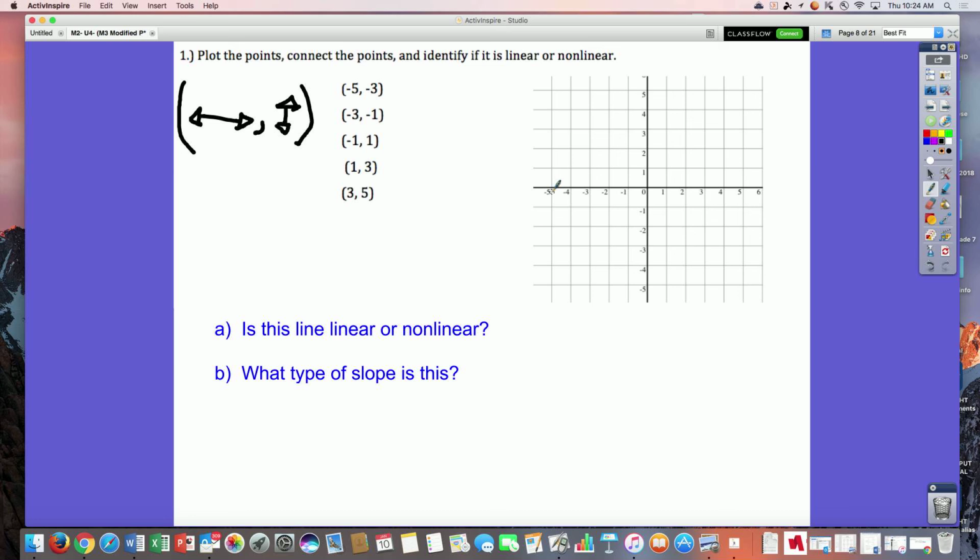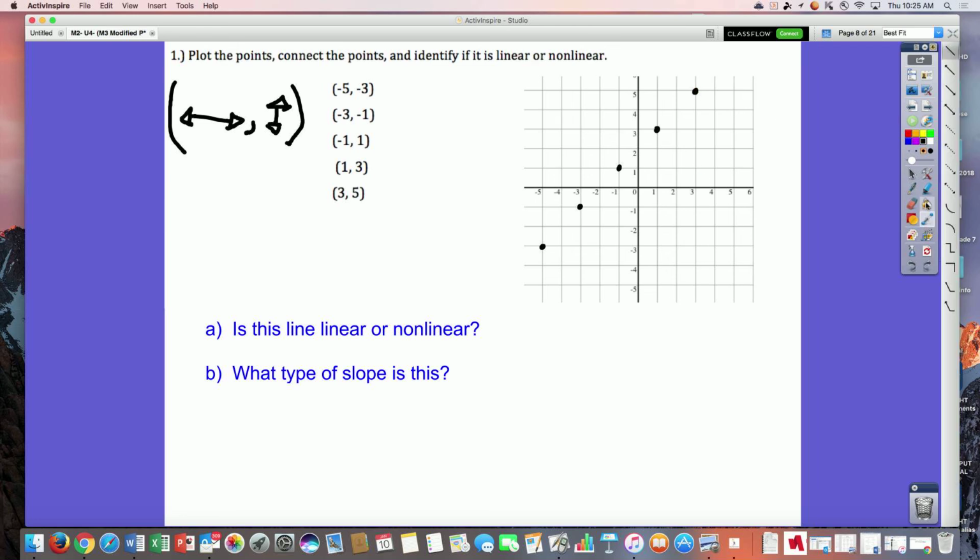All right, let's plot this point. -5, -3. -3, -1. -1, +1. +1, +3. +3, +5. Then you just got to connect the dots.